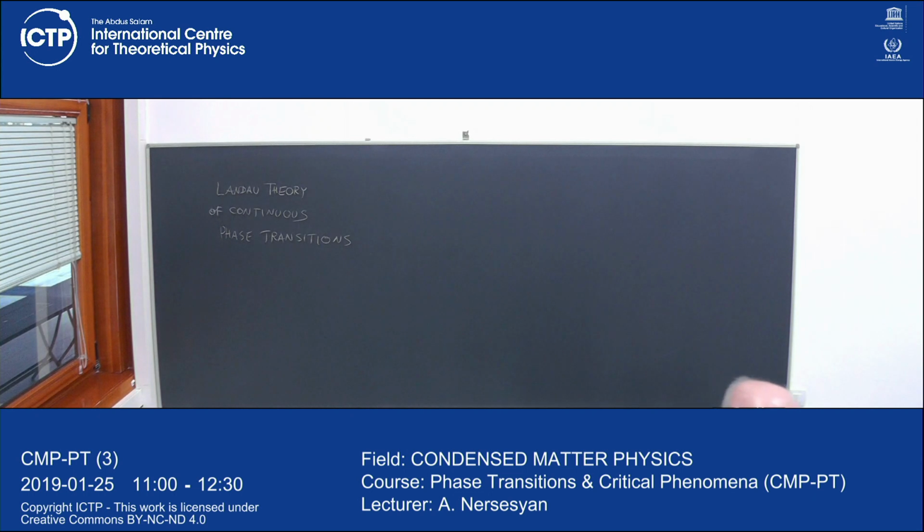But this is a kind of theory which doesn't address the behavior of the system in any range of changing variables like temperature or pressure. Instead, Landau concentrated on the vicinity of the phase transition.